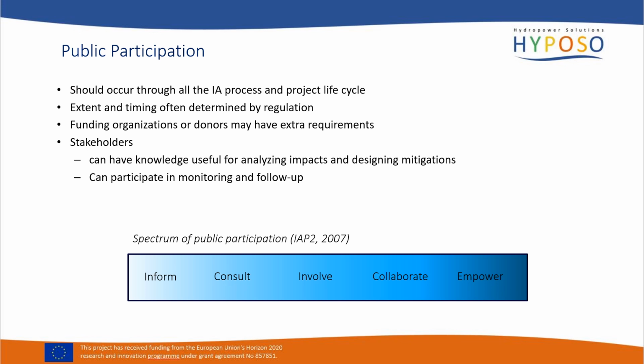It could be to collaborate, for example, when deciding what are the best mitigations for specific impacts, and even to empower. That is when the public or stakeholders are given the authority to even design the project by themselves.